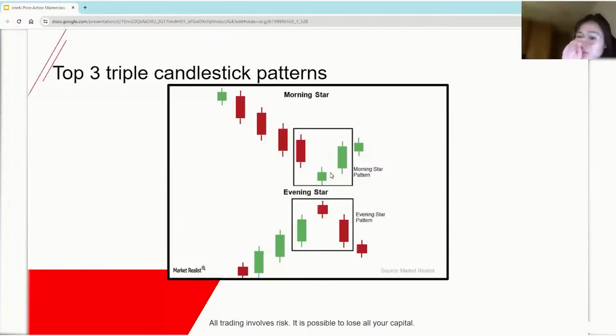So this can be your doji or even a spinning top that we talked about earlier. Then your third candle, which is this green one here, would be a long bullish candle that closes well into the body of the first candle, signaling a reversal.